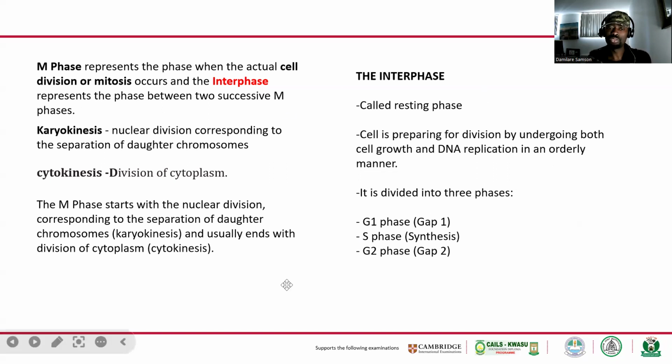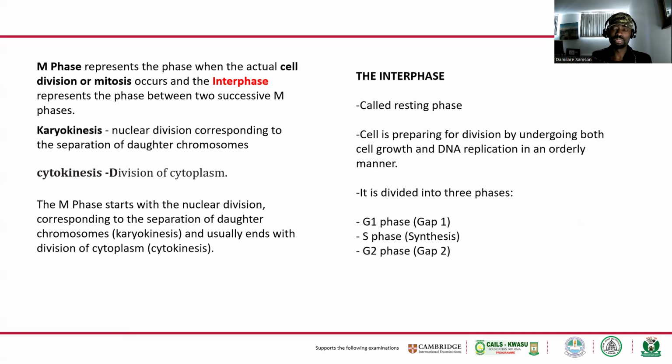When cells are going through cell division, firstly, the nucleus starts dividing before the cytoplasm. I want you to take note of that. It's very, very important, so that when you want to explain binary fission in amoeba, you'll be able to say the nucleus starts dividing first before the cytoplasm.